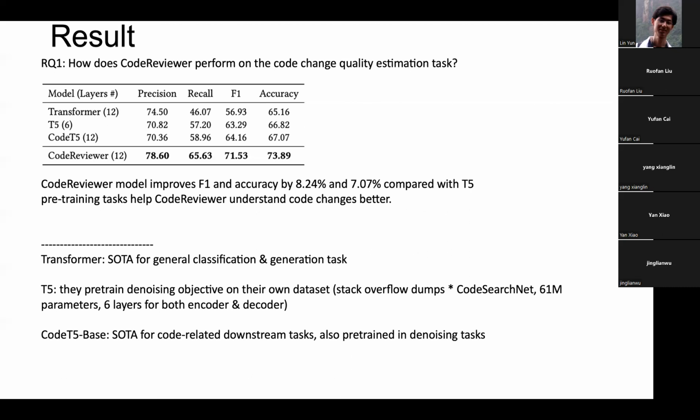I think they might be trained using the same training data set for the tasks, but the code reviewer had the advantage of these pre-trained tasks, right? I think they fine-tune, because the transformer and T5 both need fine-tuning. All of them fine-tune with a data set for the 3 tasks, but only the code reviewer is pre-trained with a pre-training data set, right?